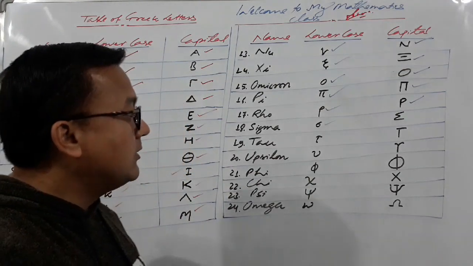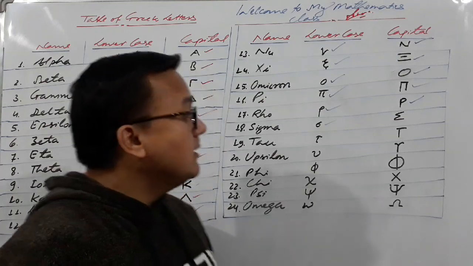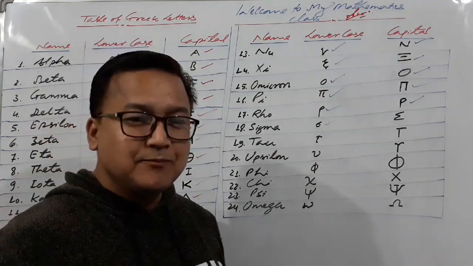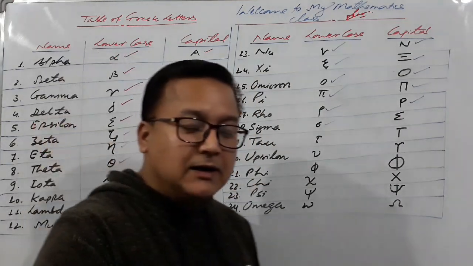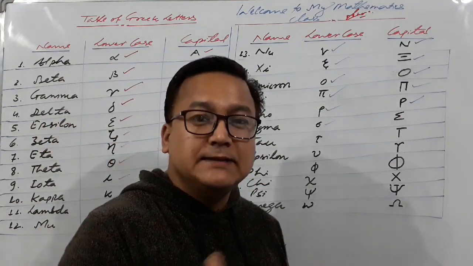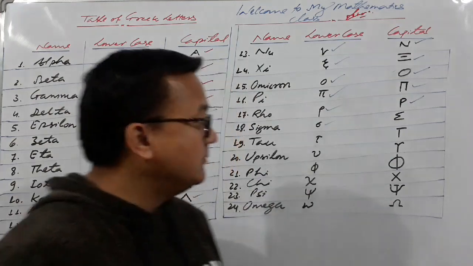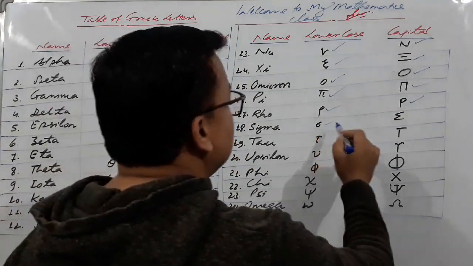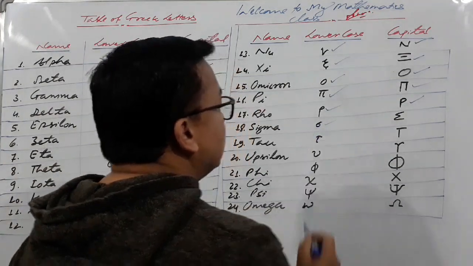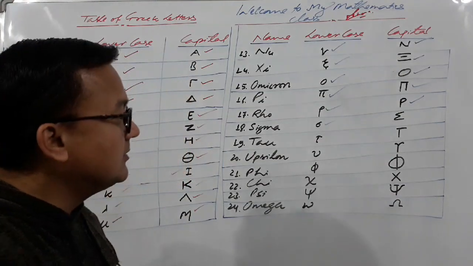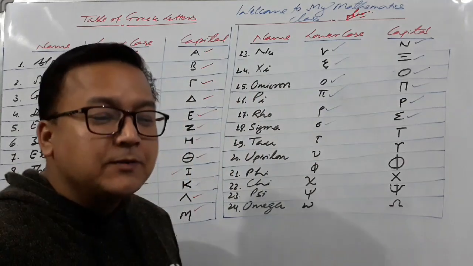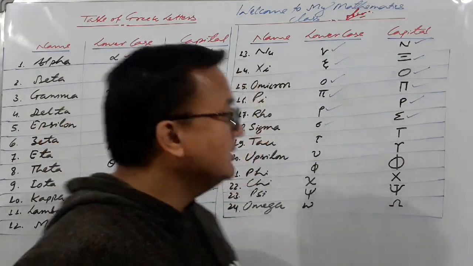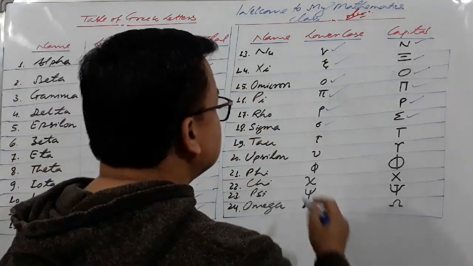Either in lower class or upper class, in statistics you find this sigma, which is used to notate the sum of the variates, the sum of the items. This is a small sigma, and we use it for the standard deviation also. And this is the capital sigma, which we use for the sum of the items, the sum of the variates.